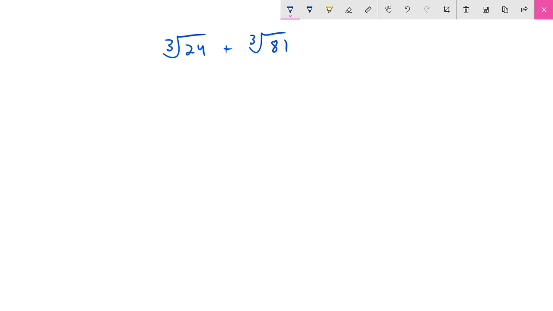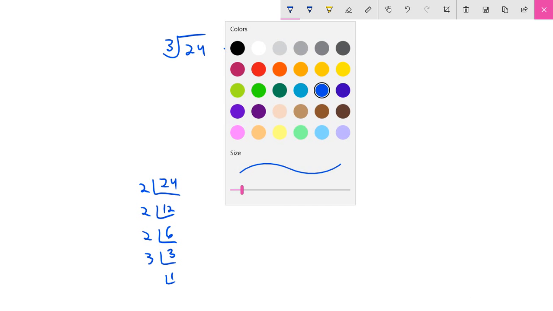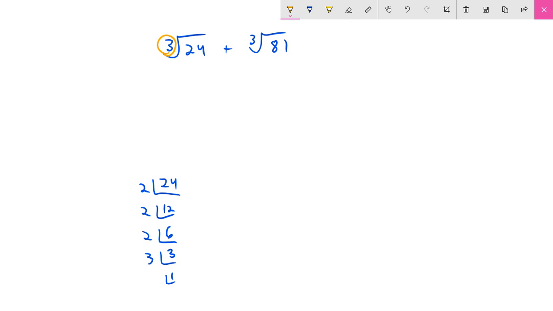So let's see how we can simplify these radicals. 24 can be divided by 2 gives me 12. 2 gives me 6. 2 gives me 3. 3, and there it is. How big are my groups here? 3, because the index is 3. So there's one triple right there, which means the cube root of 24 simplifies to? There we go. 2 cube roots of 3.